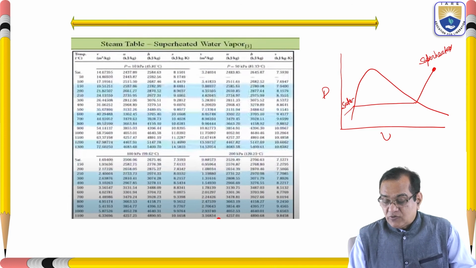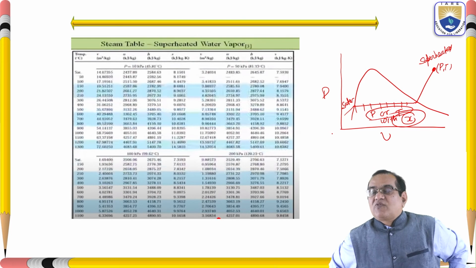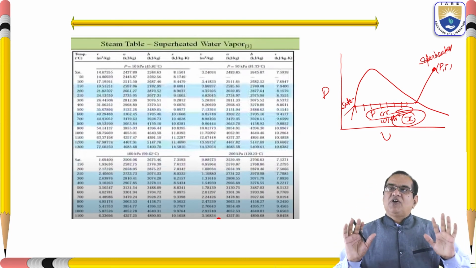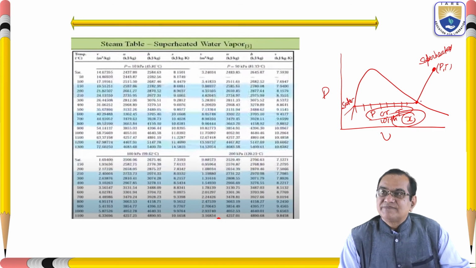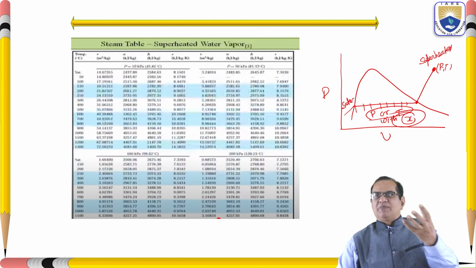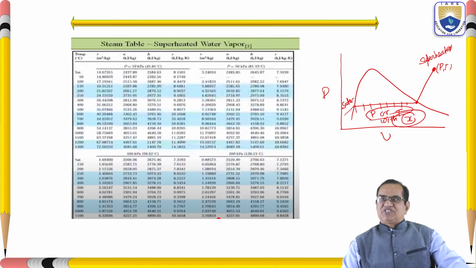So if you are going above, you need P and T both true. But in between this, you need only P or T with x, any one of these and the dryness fraction. So we have to take care that if you are above this saturation point, we need two independent properties. Any two of P, V, T are required to designate the state.